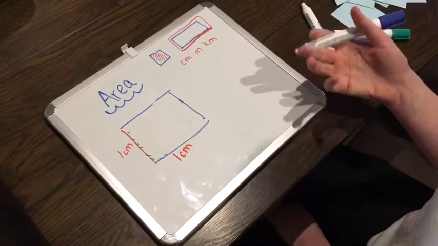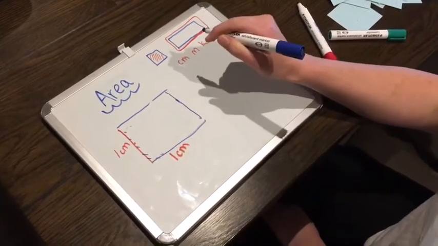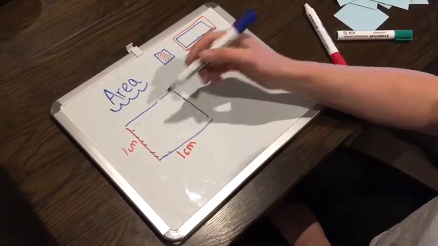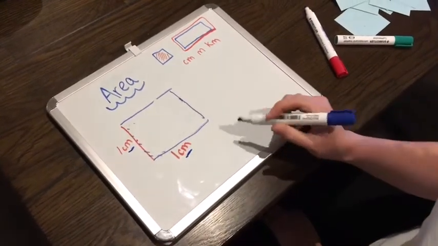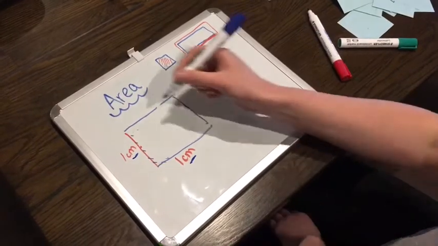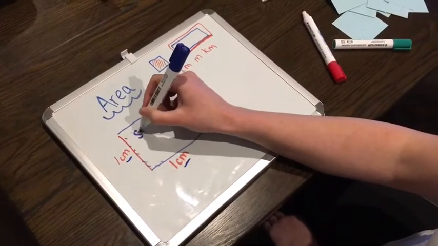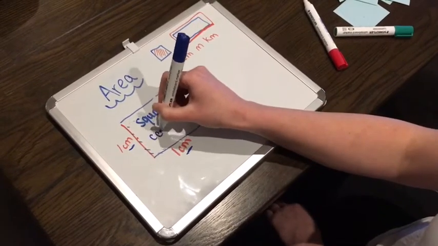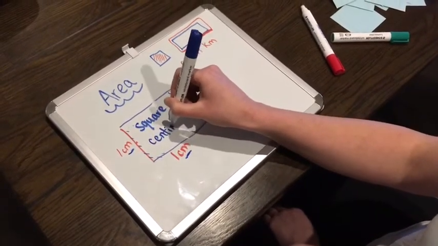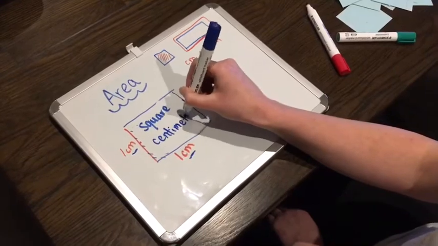So how much area do we have inside of the square? Our units of measurement are centimetres. And what was the shape that we have again? Square? So what we have is a square centimetre.